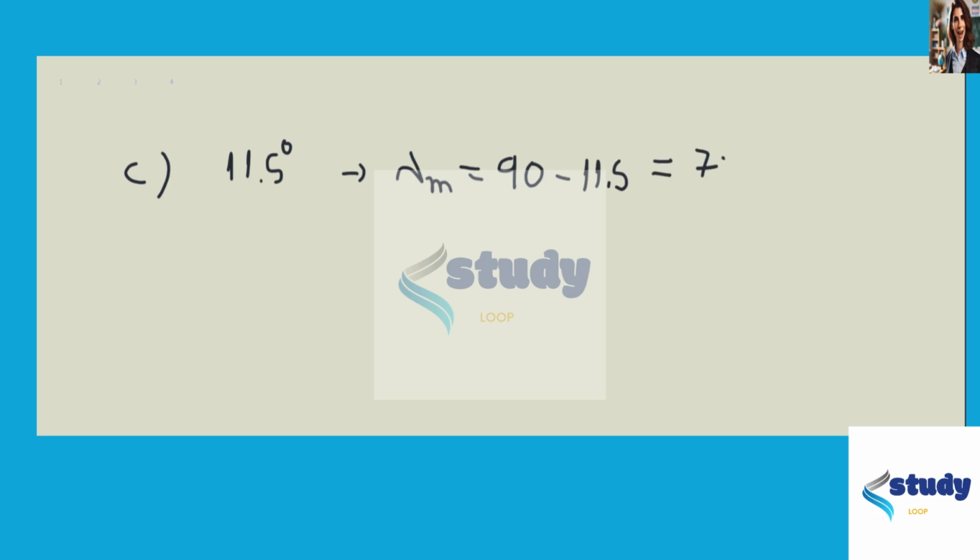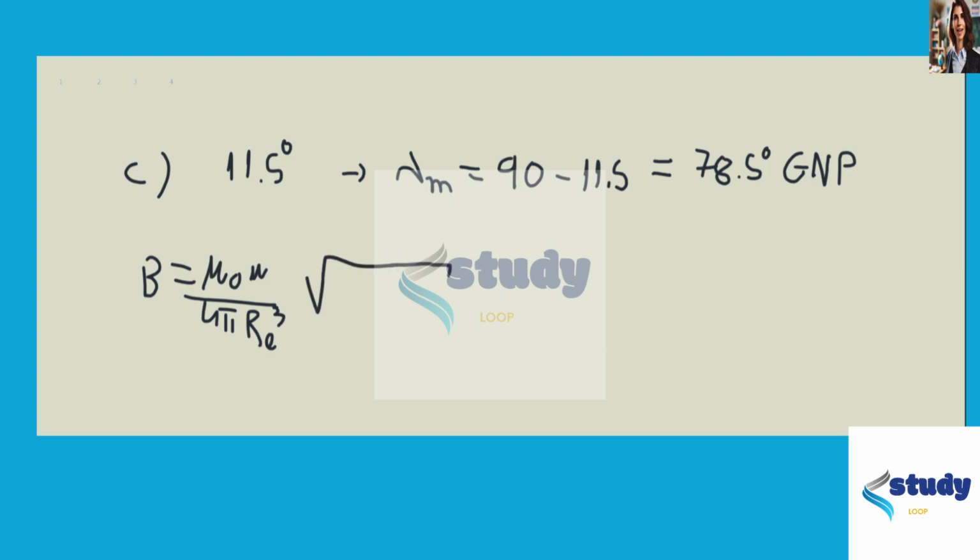This is 78.5 degrees at the geographic North Pole. And the radius is the radius of the Earth, so we have B equal to μ0 μ divided by 4π radius of the Earth cubed, times the square root of 1 plus 3 sine squared of 78.5 degrees.